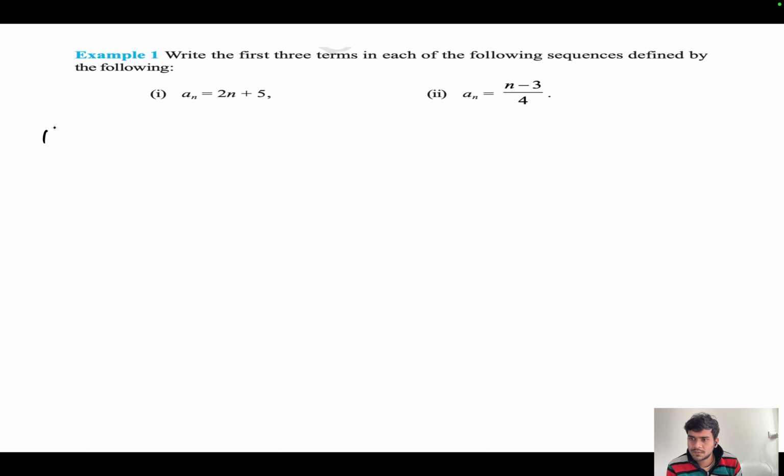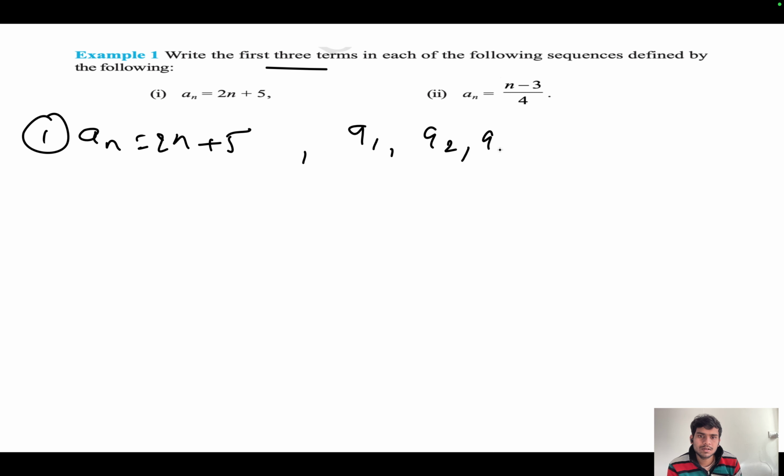The first example is an equals 2n plus 5. We need to find the first three terms a1, a2, a3. Put n equals 1: a1 is 2 into 1 plus 5, that is 2 plus 5, which is 7.